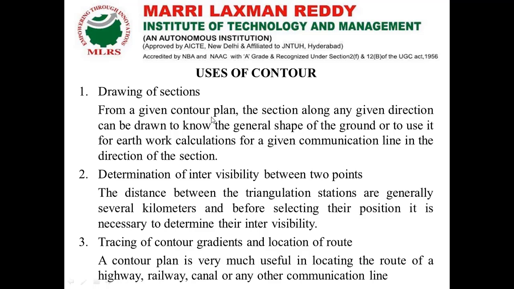All of a sudden we cannot climb up, and similarly all of a sudden we cannot drop down. So we have to make a clear, gradual gradient, then only can the vehicle climb up and reach the hills. So these are the main things related to our contour maps.